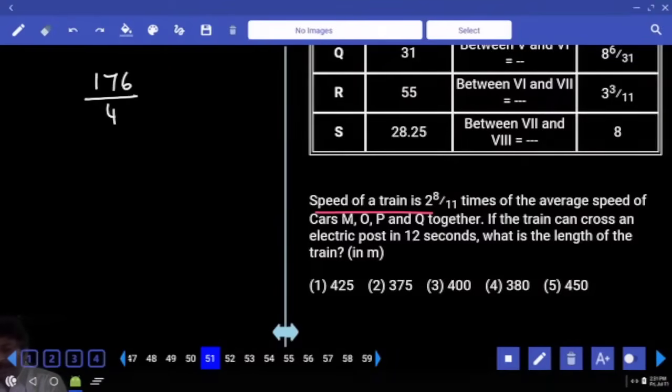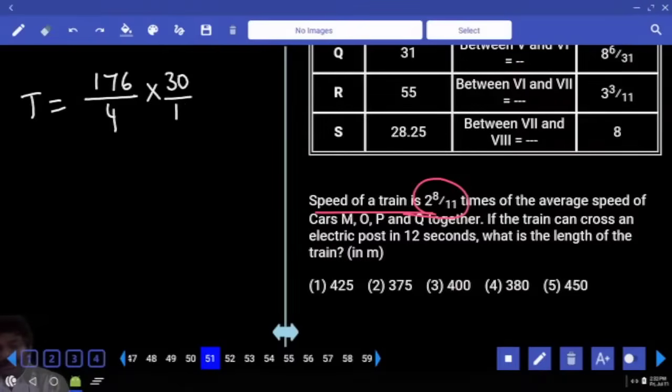Average by 4. Train speed is 2, 8 by 11, which is 30 by 11. 30 by 11 times 44, times 4, which is 120. Speed of the train. T stands for train, not time. Be careful.